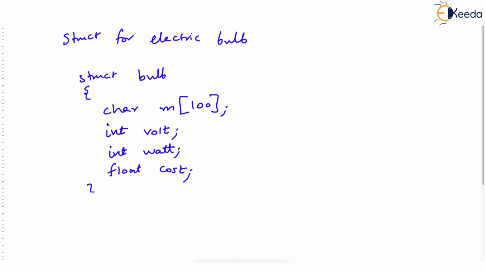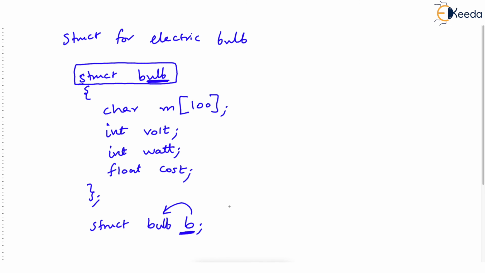And here ends the structure. Now see, by declaring struct bulb like this, you have created a type, user defined type. This bulb does not have any existence yet. To make variables of this type, you will have to write a line struct bulb maybe B. Then B is a variable of type bulb.